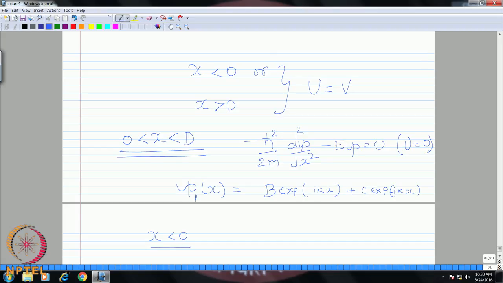So, for x less than 0 you can again write down the solution, some a exponential ikx plus something like a prime exponential minus ikx.